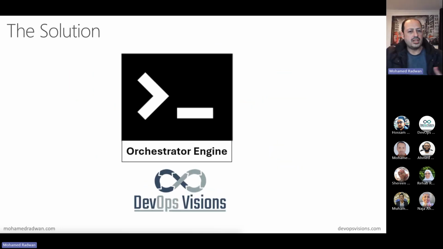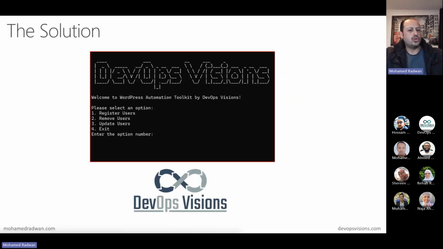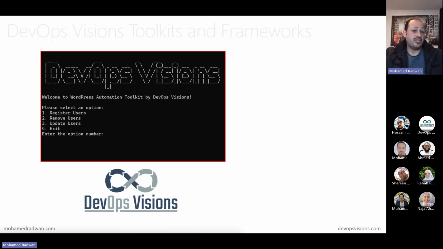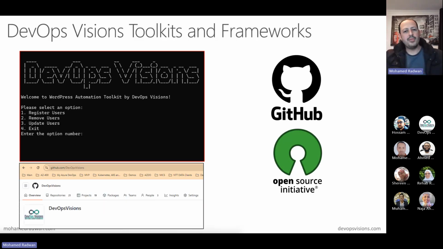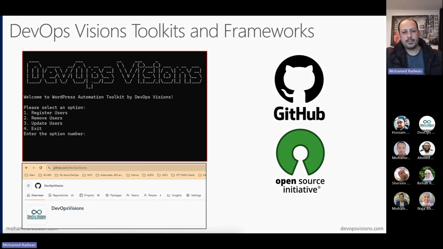And instead of developing that internally, we just publish that on GitHub to be open source. And even to develop that, it is not just one component or one tool, but several tools and frameworks, and only one tool, the orchestrator, will be orchestrating all these components, as we will see. And everything will be open source, as you can see.